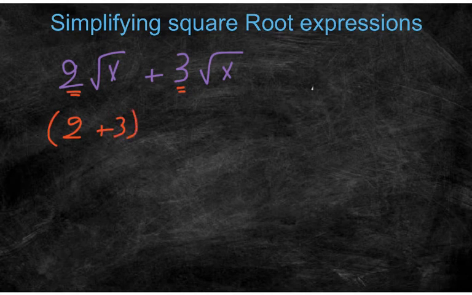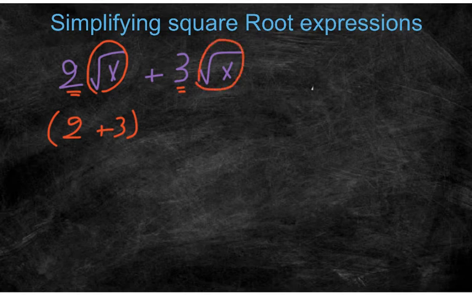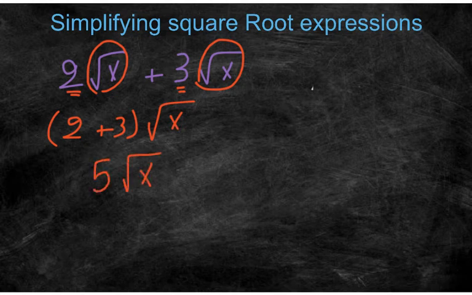Here we have like radicals. We keep the radical. 2 plus 3 is 5. So it's 5 square root x. Like radicals can be combined by adding or subtracting. Just when we have like radicals, we can simplify the expression.